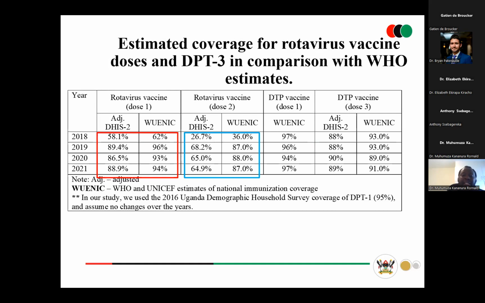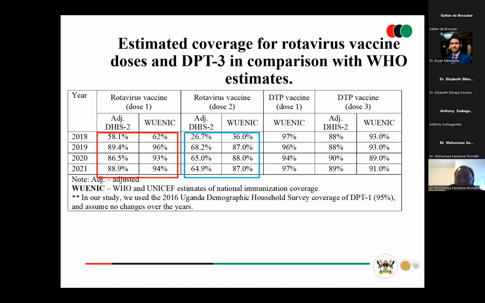But in terms of those two, we see some variations, and the UN seems to give us higher estimates compared to ours, which we think perhaps means the UN figures are overestimates.